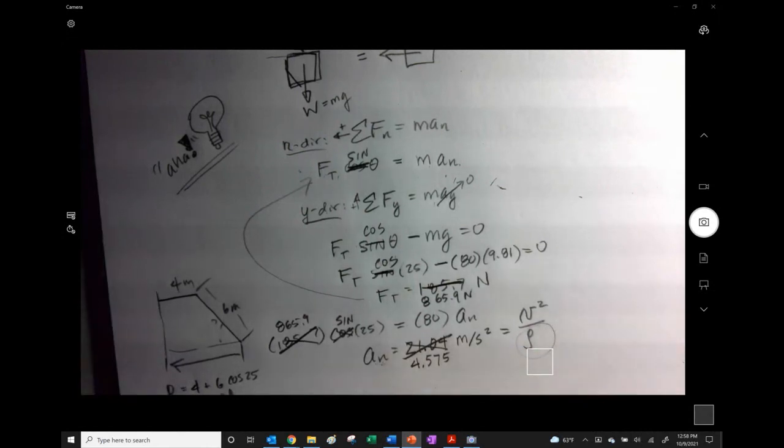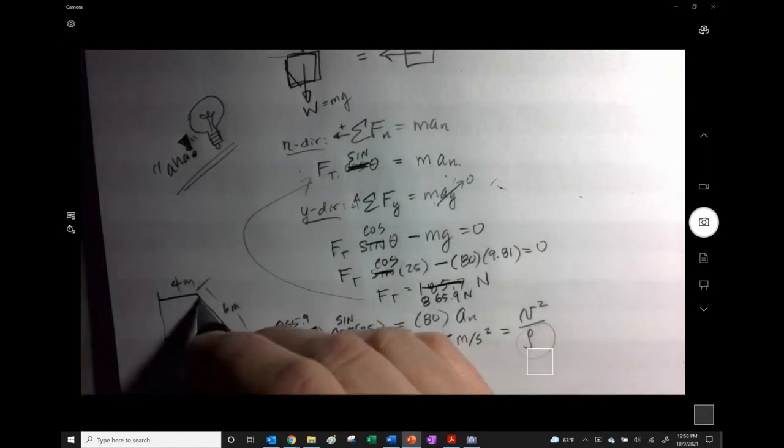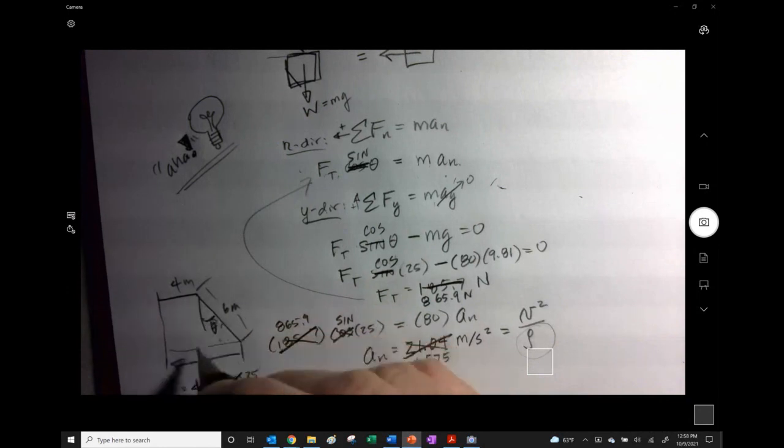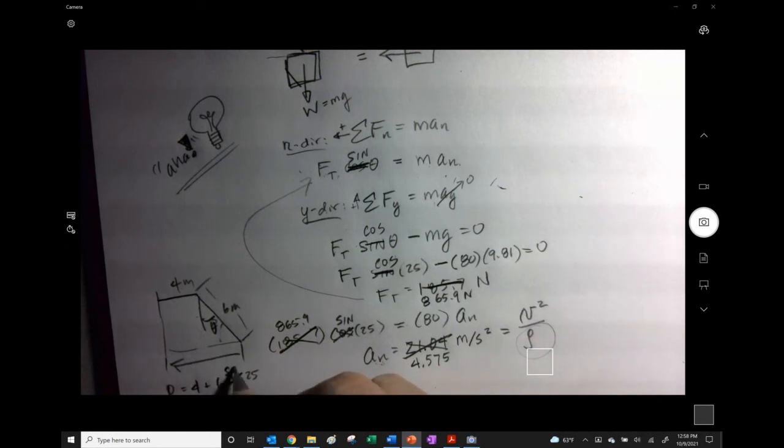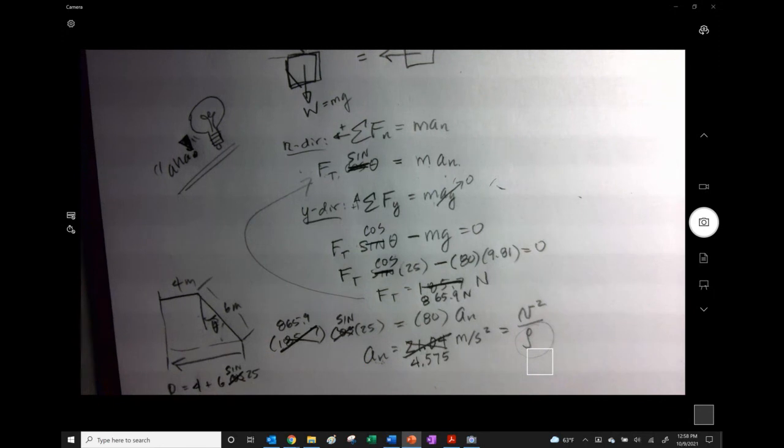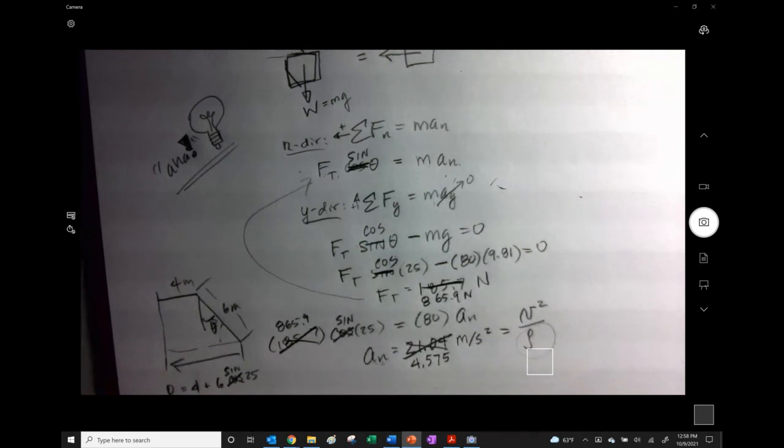So let's see. This one right here, this is where theta is, and so that should be 6 times the sine of 25. Add 4 to it, and we get 6.536.